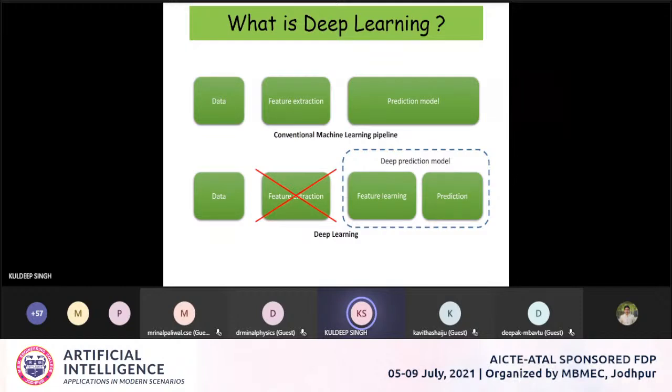Now, the limitation of this model is we cannot transfer it to a different domain. Suppose tomorrow I want to make a fingerprint recognition model, so I would have to change the feature extraction step. This feature extraction is not generalized across domains.